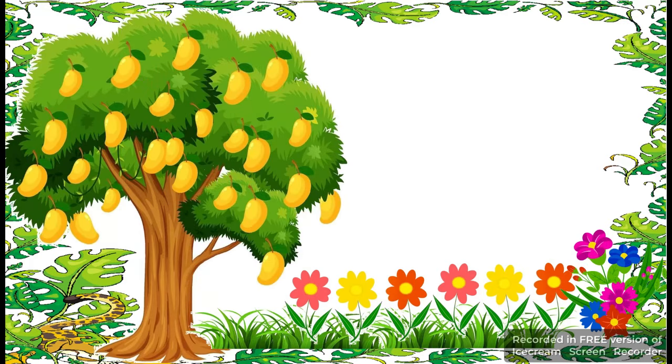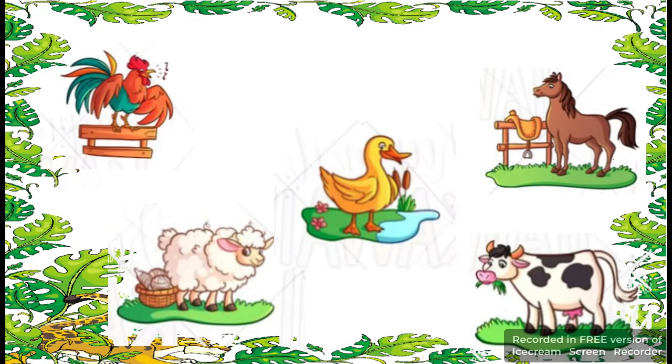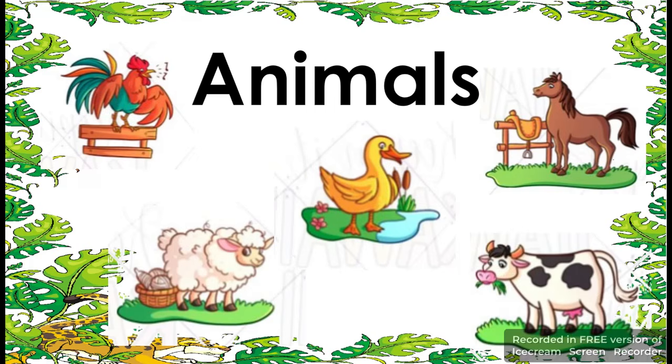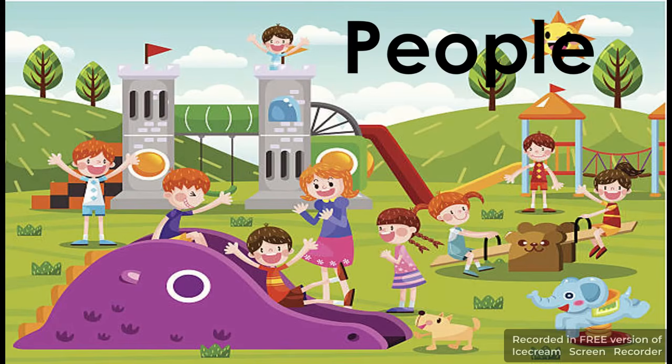These are examples of living things: first, plants like mango trees, flowers, grass, and others. Second are the animals, including rooster, sheep, duck, horse, cows, and other animals. Also, people, including mother, father, and kids.